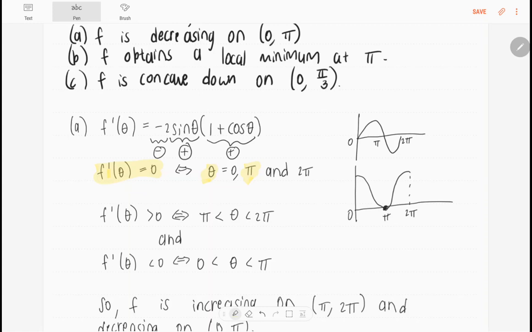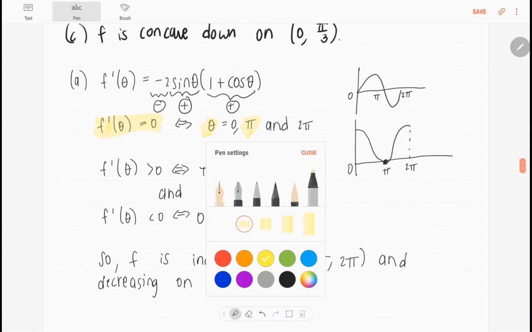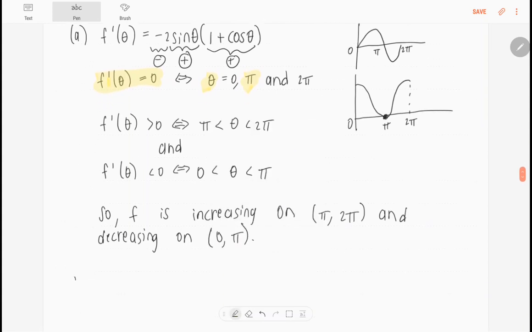And that means that we have a local minimum value at pi. So by having shown that the first derivative switches signs at pi, going from negative to positive, we have a local minimum at that point. So we've basically already shown that. So f at pi will be minus 1, and it's a local minimum.